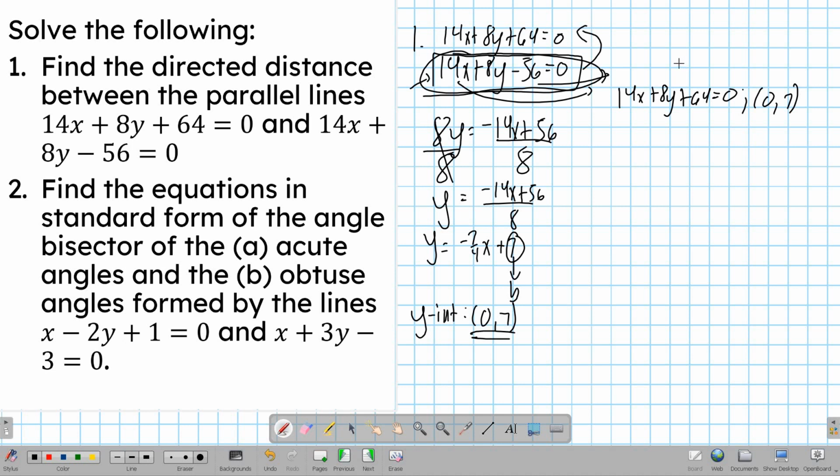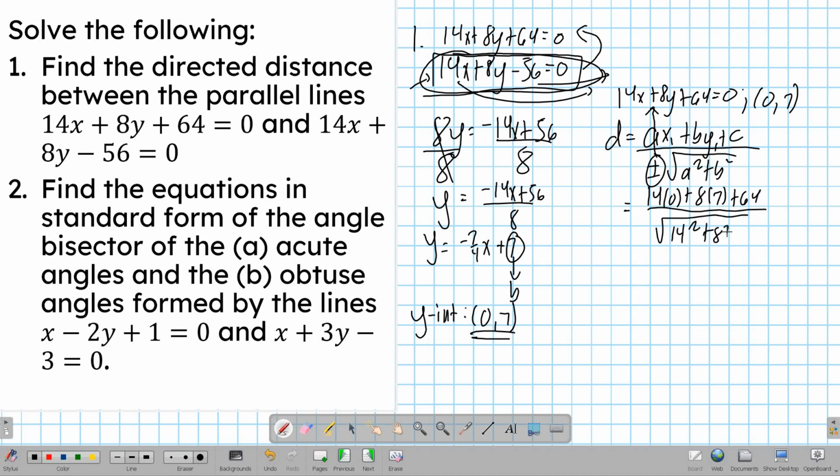Now, since the line is an oblique line, hindi siya vertical, it's not horizontal, we can then use the formula d is equal to ax sub 1 plus by sub 1 plus c all over positive or negative square root of a squared plus b squared. Now, since 8 is positive, the sign of the denominator becomes positive. Therefore, I'm going to have 14 times 0 plus 8 times 7 plus 64 all over positive square root of 14 squared plus 8 squared.